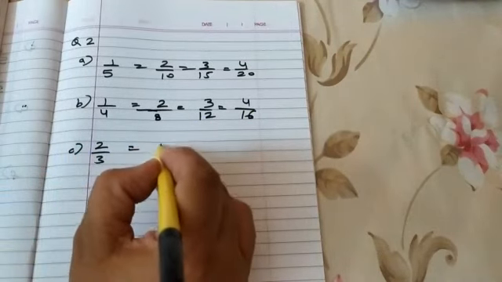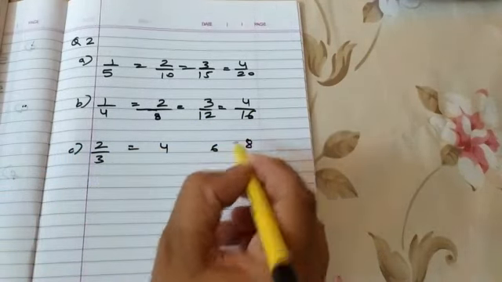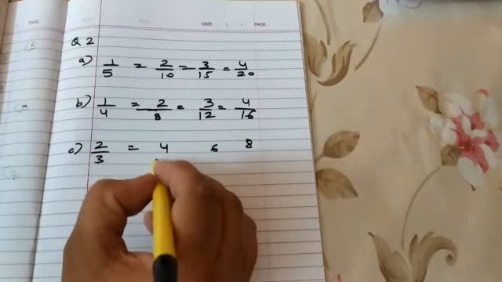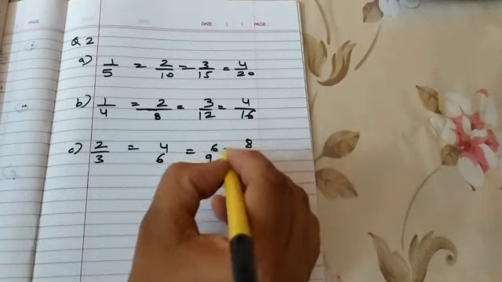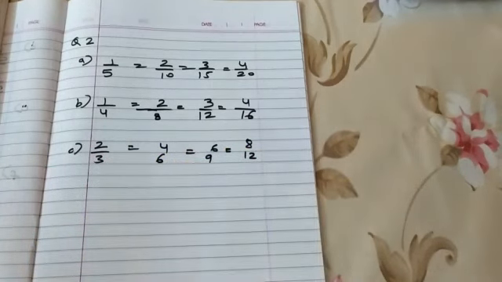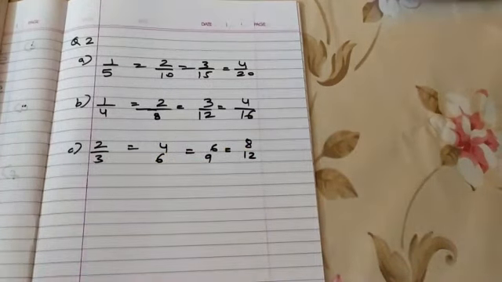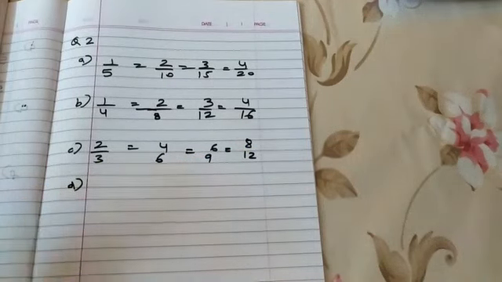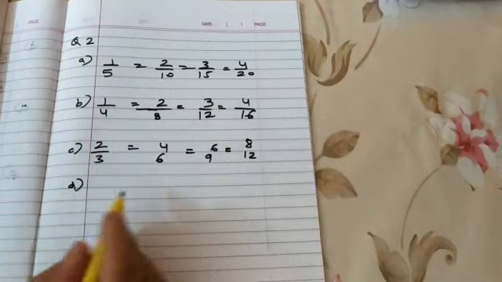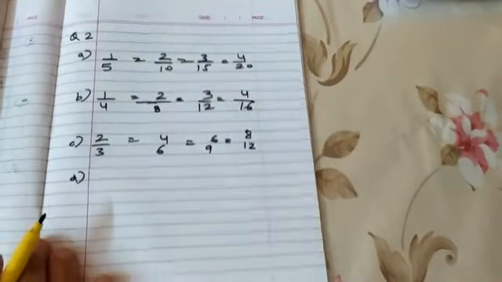Multiples of 2 are 4, 6, 8. Multiples of 3 are 6, 9, 12. Just put an equivalent sign so that these are considered as equivalent fractions. Very easy method. Just write multiples of numerator, multiples of denominator.